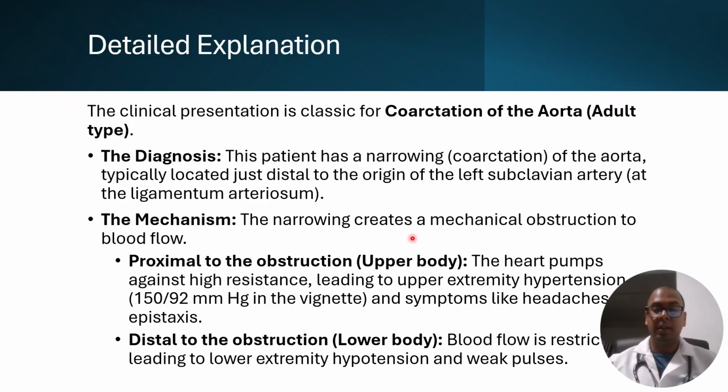This narrowing creates a mechanical obstruction to blood flow coming from the heart. So proximal to that obstruction, and you'll see a picture on the next slide, the heart pumps against high resistance, leading to upper extremity hypertension. So when this happens, patients would experience symptoms like headaches and epistaxis, and that's what was seen in our patient.